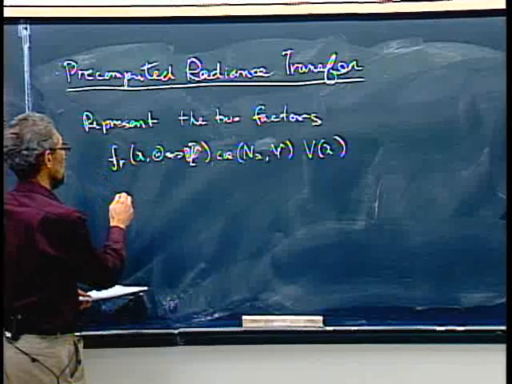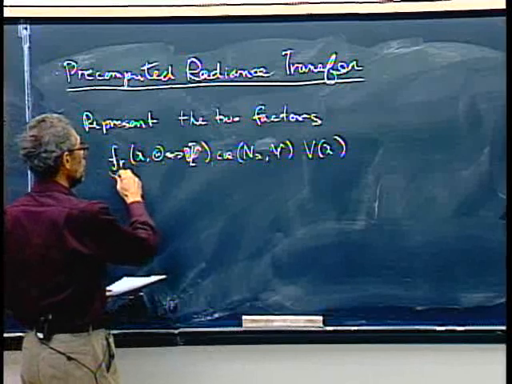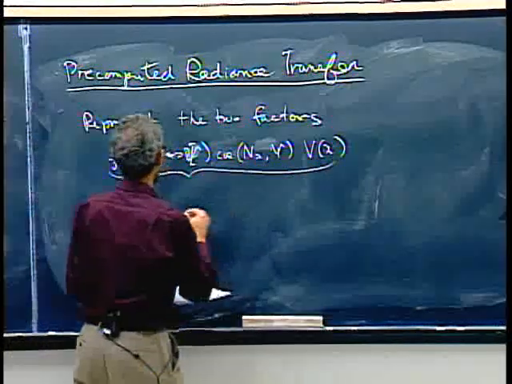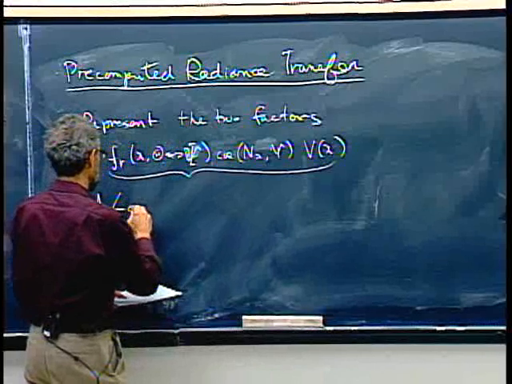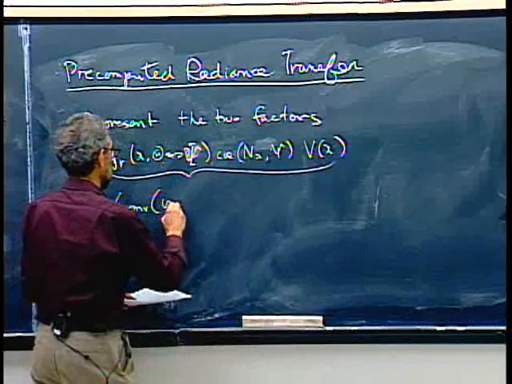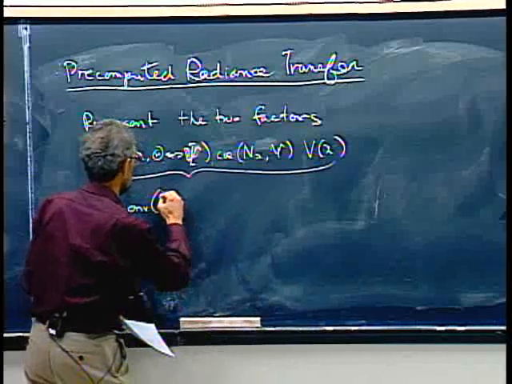The two factors in the integral are the local factor depending on the geometry and the environmental illumination at infinity given, I guess if I'm going to follow the notation in the book, I should call it psi.